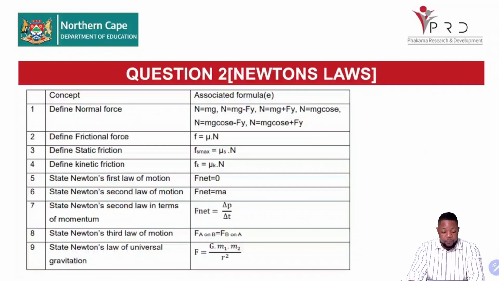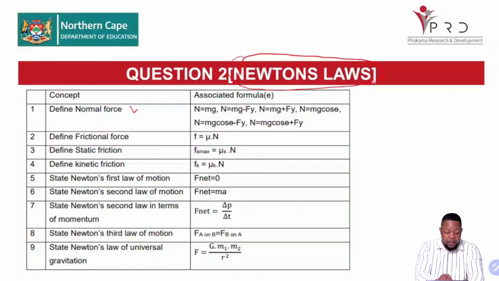Question 2. Now, question 2 is on Newton's laws of motion. And these are the concepts that you need to know before you go into the examination. You need to be able to define normal force. You need to be able to define frictional force.